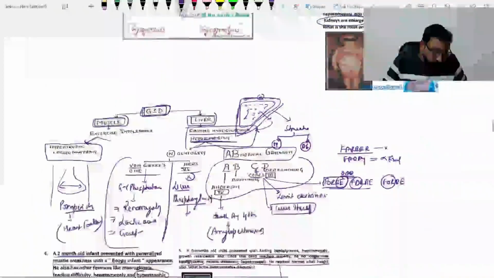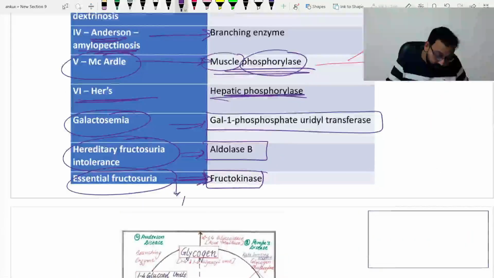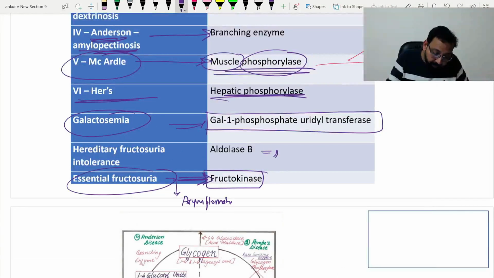Before moving further, essential fructosuria, the patient is asymptomatic. Aldolase B deficiency, hereditary fructose intolerance, again the patient has hepatomegaly. In galactosemia there was hepatomegaly.